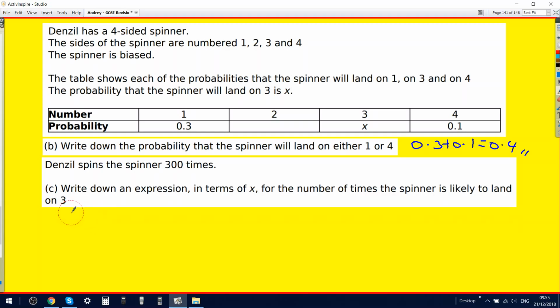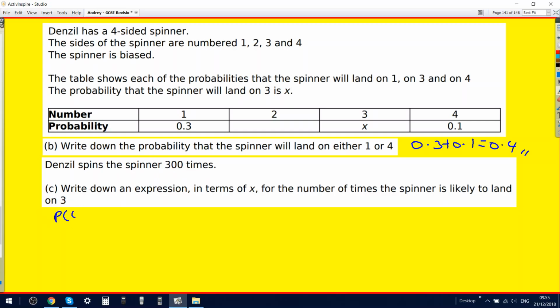That it lands on a 3? Yeah. Oh, right. It's just a quarter. Nope. We don't know what x is. How would you get the probability or the number of times it would land on a 4? You would do 0.1 times 300.